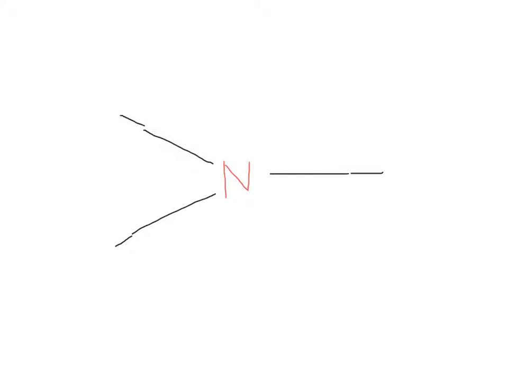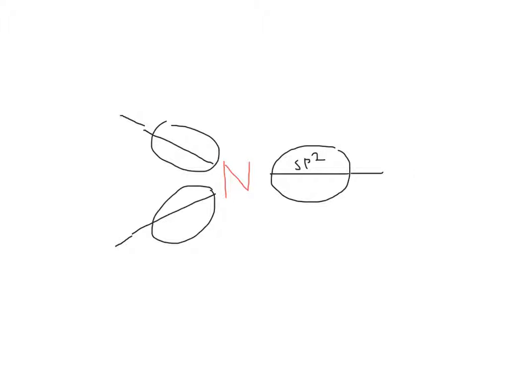And we are going to have three sp2 orbitals. And in one of the sp2 orbitals, we're going to have a single electron, and that's what is going to represent our free radical, which is not going to bond to anything.